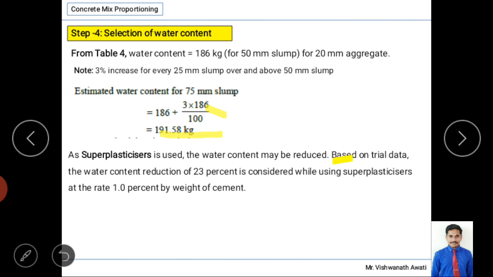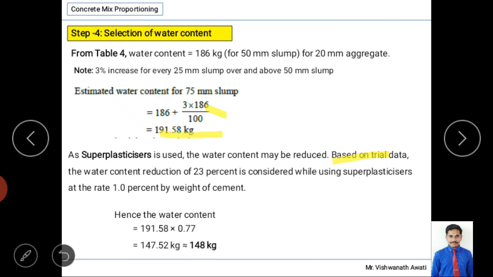Based on the trial data, a water content reduction of 23% is considered while using superplasticizers at the rate of 1% by weight of cement. So approximately 23% of the water content we can reduce by using superplasticizers. That's what we have to calculate.